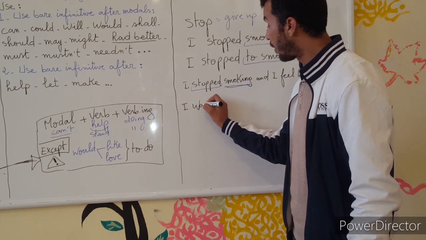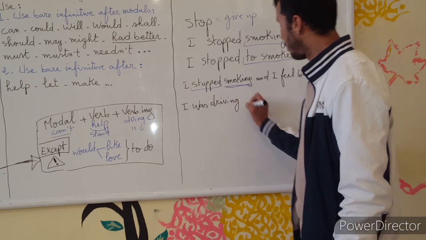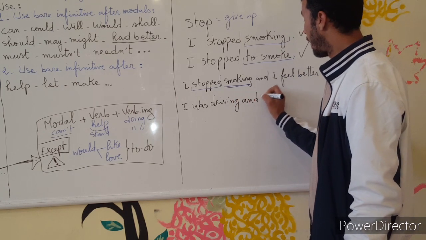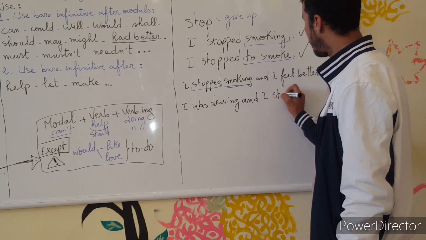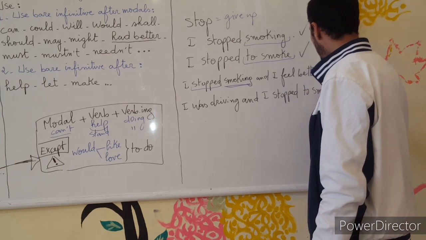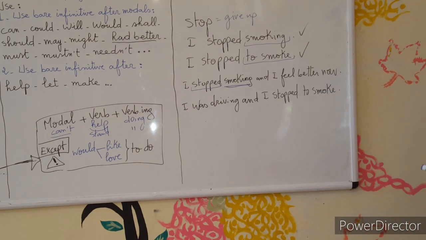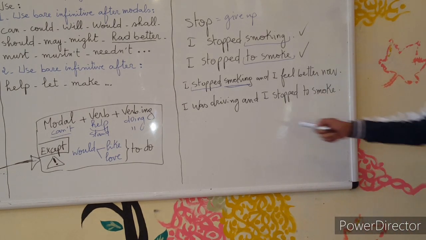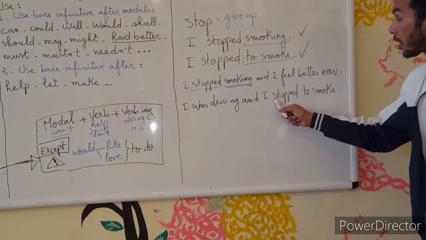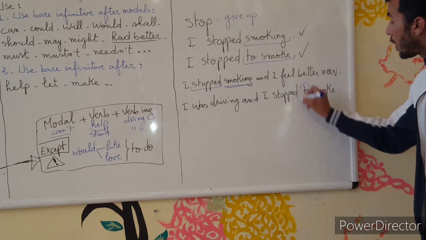Number two, example or context: I was driving and I stopped to smoke. So now I think that the contexts are clear. I was driving and I stopped. I stopped what? I stopped driving. What is this?